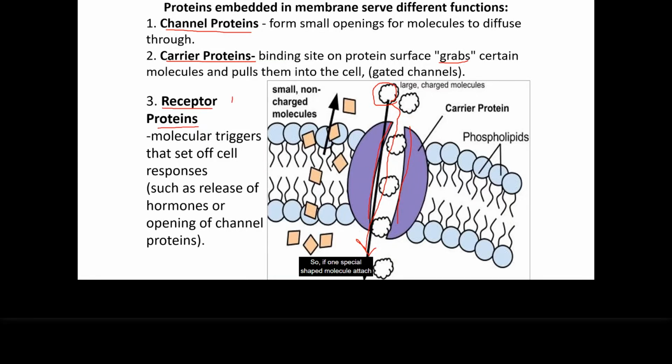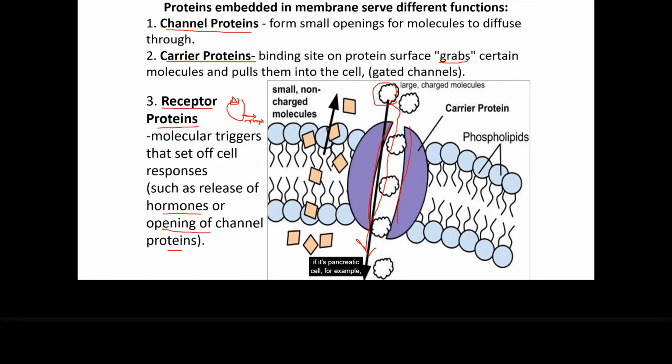So if one specially shaped molecule attaches to a protein receptor on the membrane, this receptor will initiate several different chemical reactions, and in the end it can either open a channel or the cell can release a hormone.